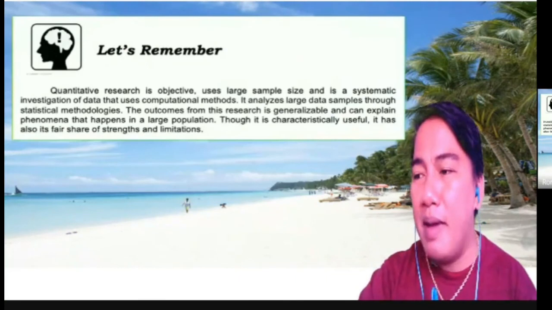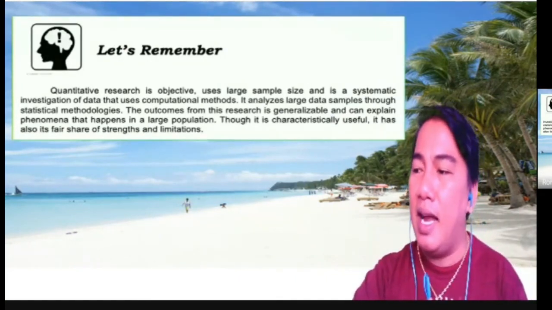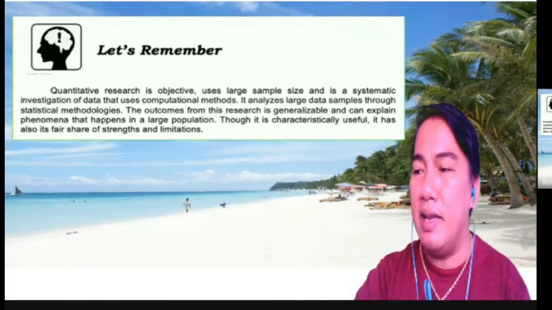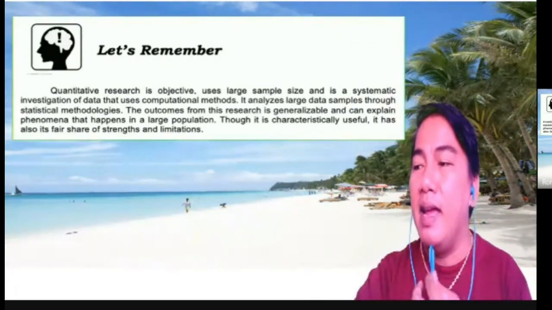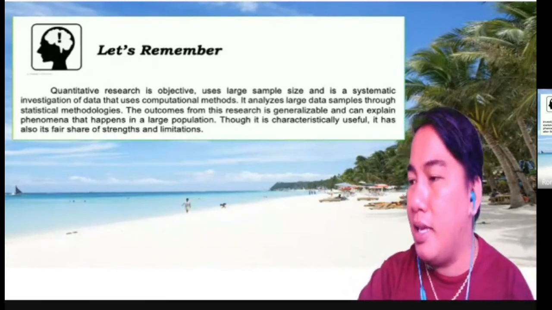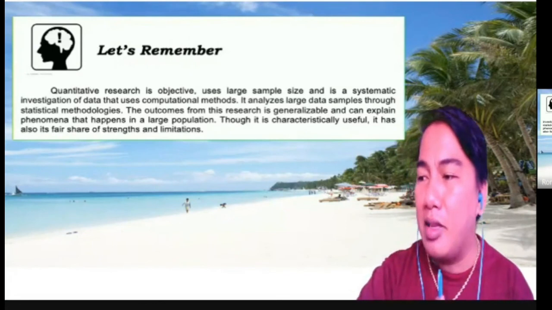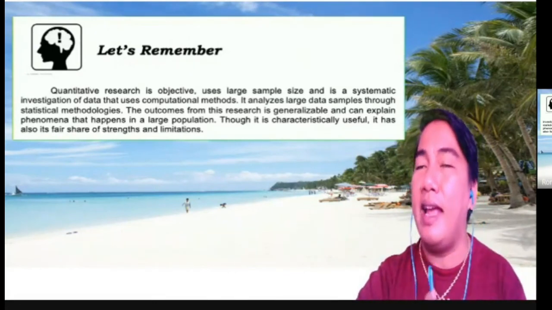Let's remember that quantitative research is objective and uses large sample size and is a systematic investigation of data that uses computational method. It analyzes large data samples through statistical methodologies, and the outcomes of this research is generalizable.